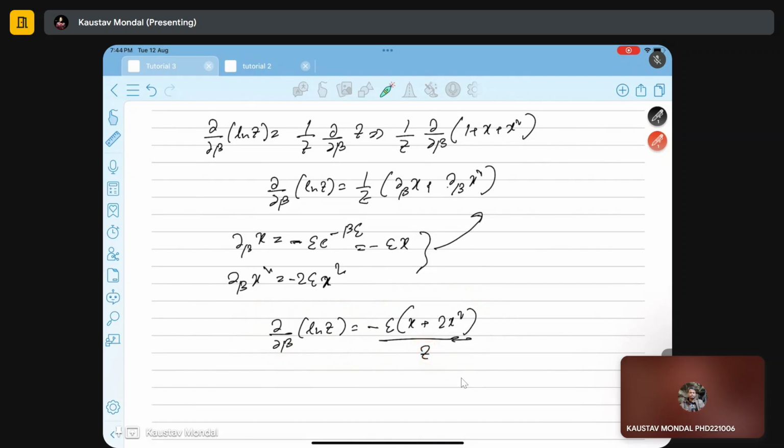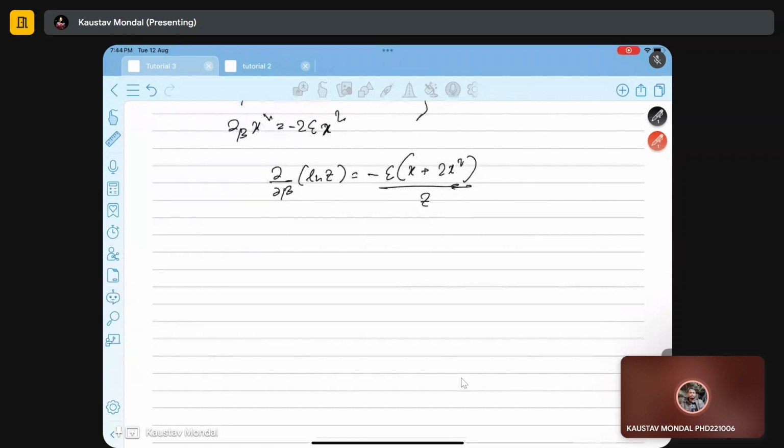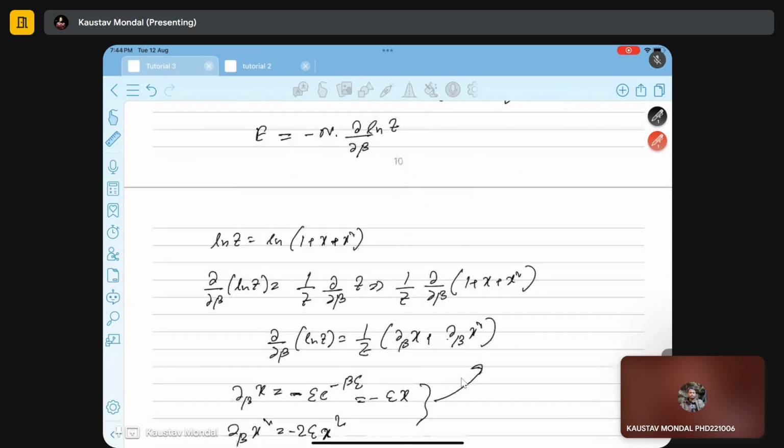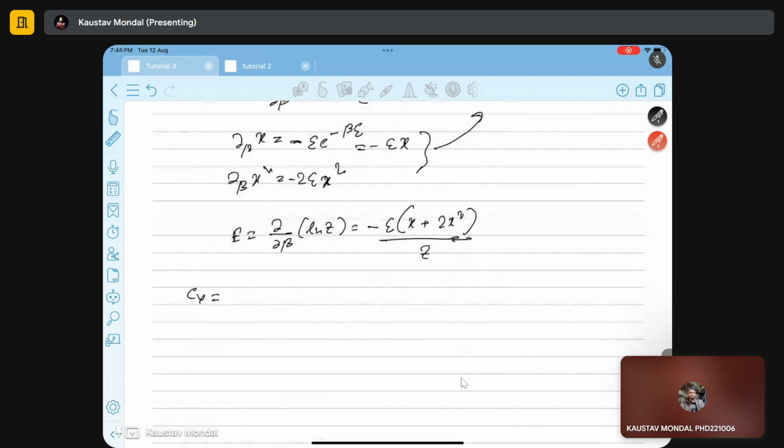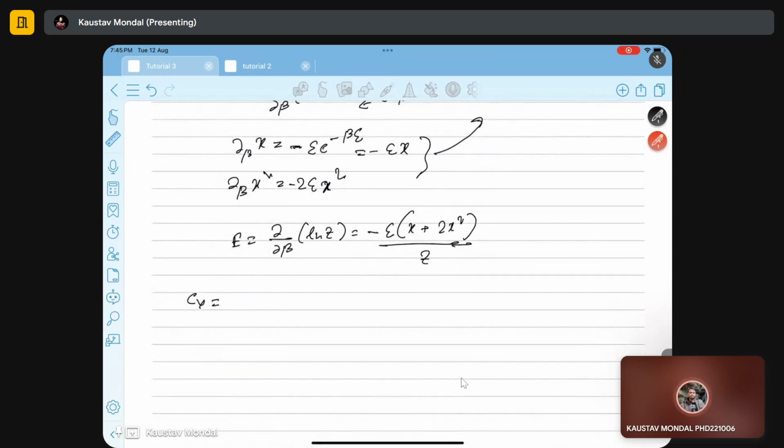So now, after doing all of this, we will simply evaluate the CV, the specific heat at constant volume. For CV we first need the energy, so we know the U first.